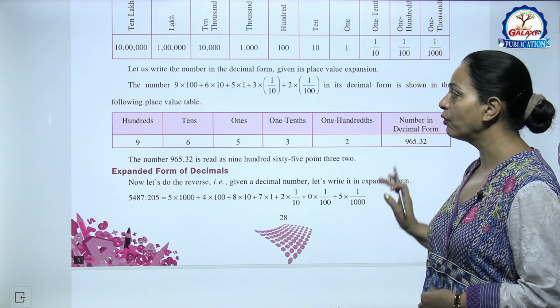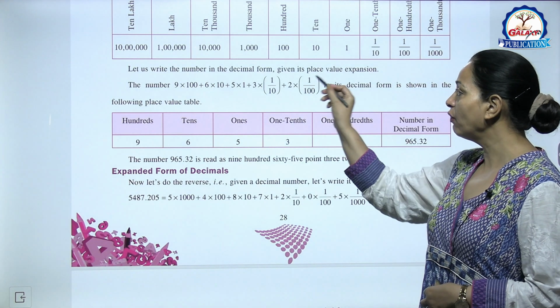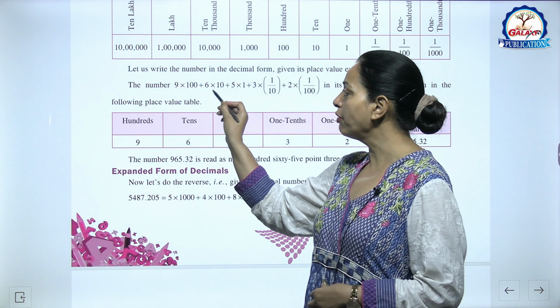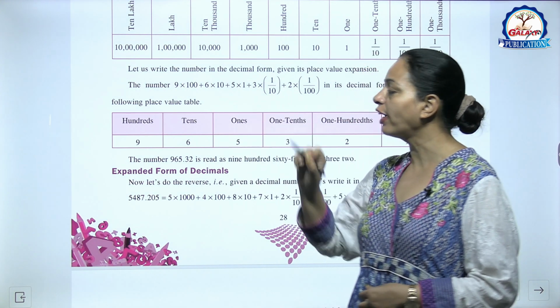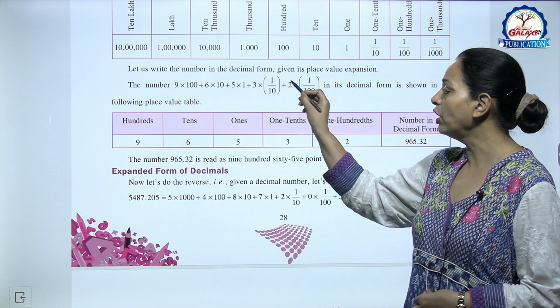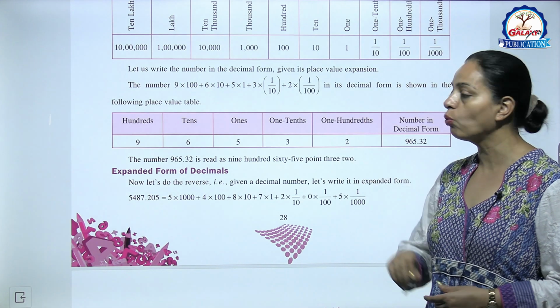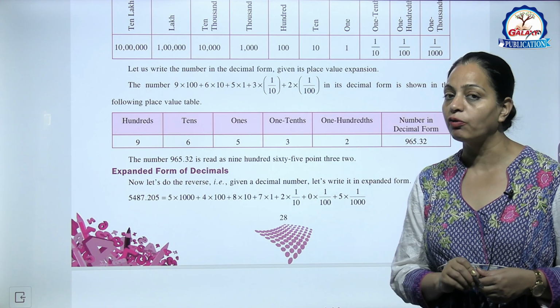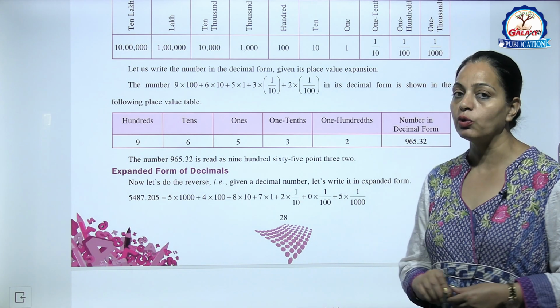Let us write the number in the decimal form given its place value expansion. The number 9 into 100 plus 6 into 10 plus 5 into 1 plus 3 into 1 by 10 plus 2 into 1 by 100 in its decimal form is shown in the following place value table.